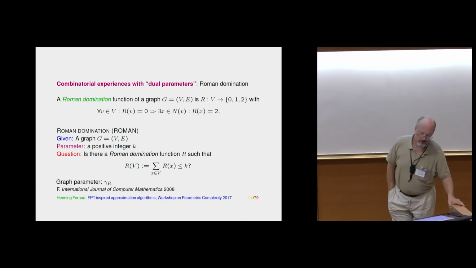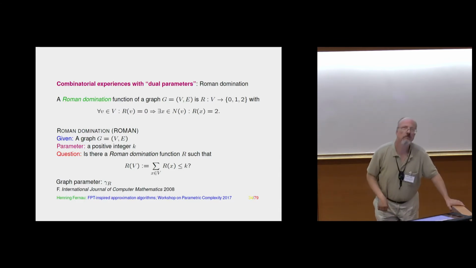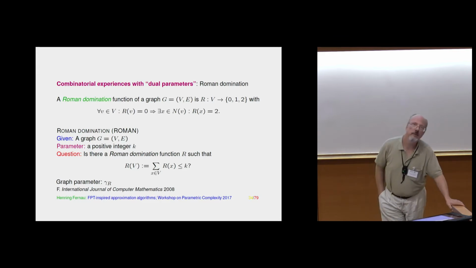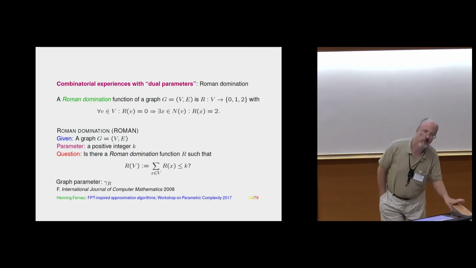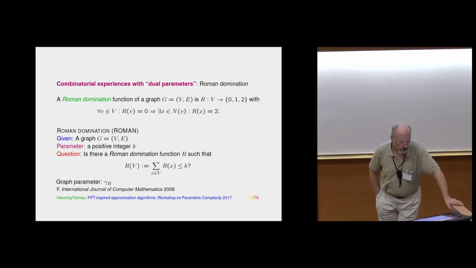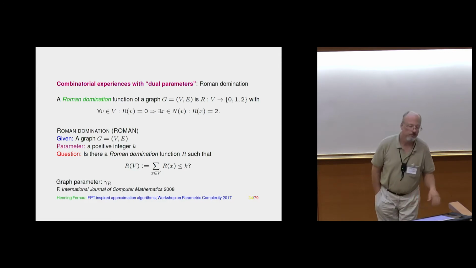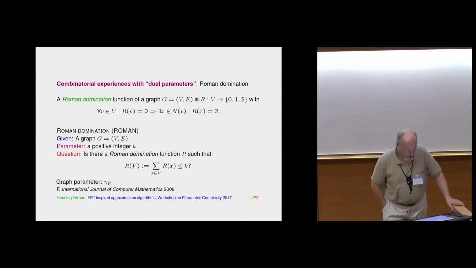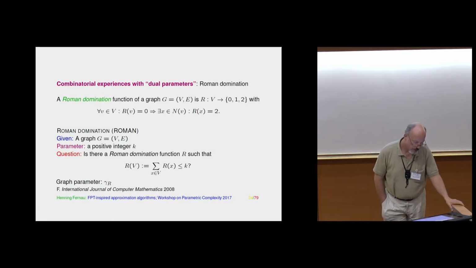And I'm now summing up all these Roman domination function values, and this should be at most a given number k, or I can also phrase this as a minimization problem. So taking the smallest value gives me this graph parameter gamma sub R, a number associated to a graph again.